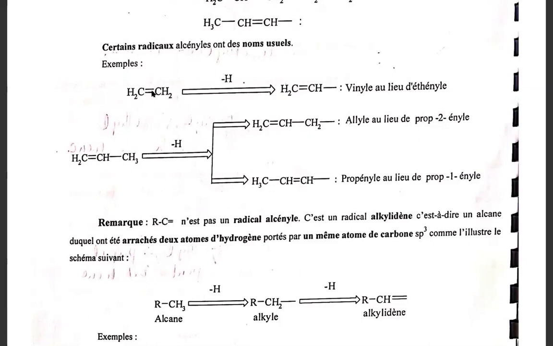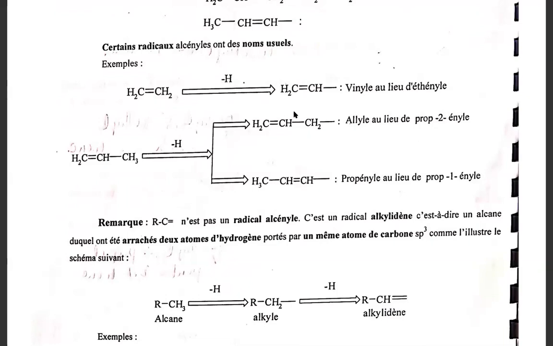The second one is called ethene. Now, when we remove one hydrogen atom, it now becomes ethenyl. Certain alkyl radicals have common names.